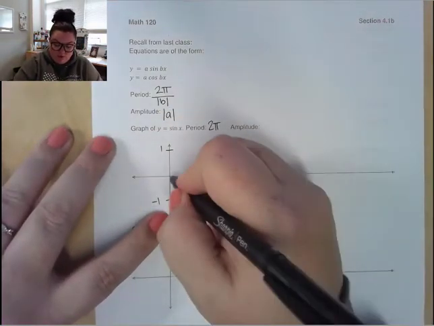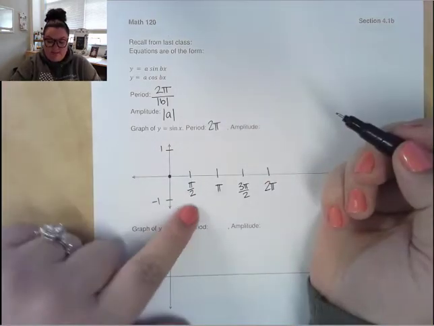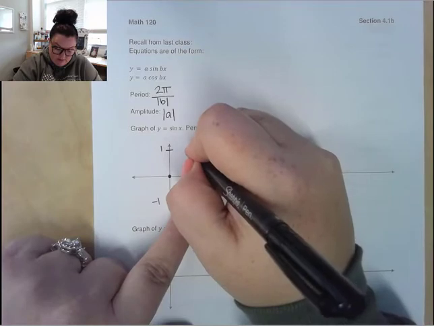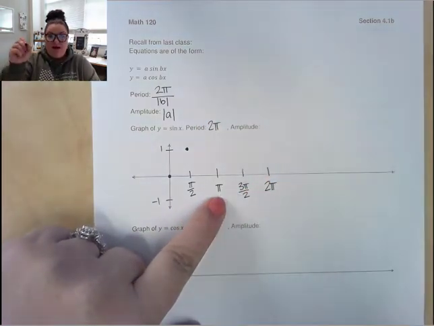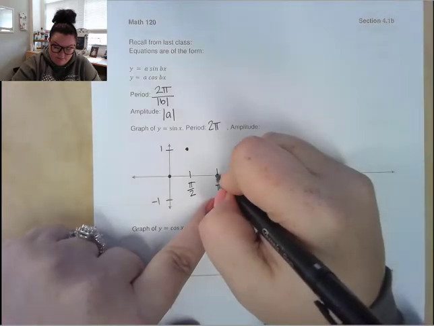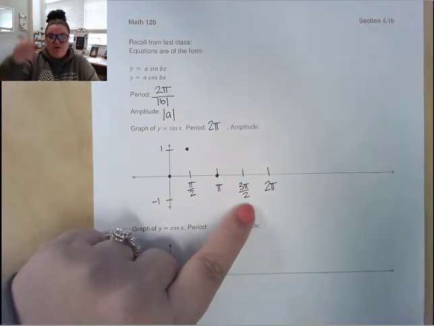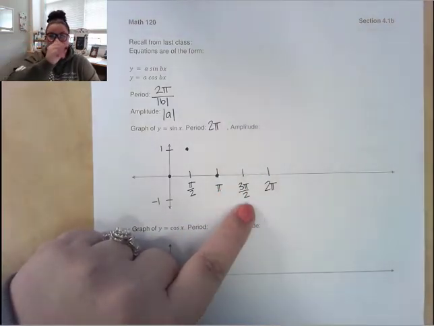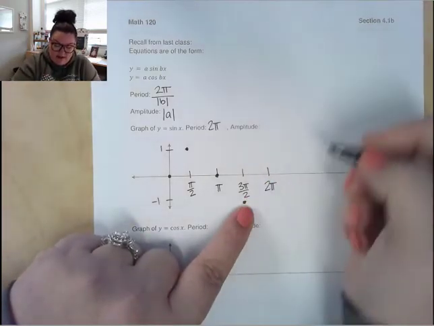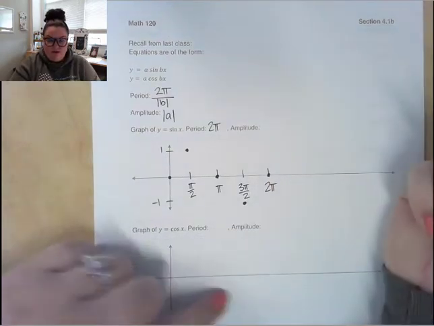At 0, we're at 0. At pi over 2, remember we're up at 90 degrees, up at 1. At pi, at 180, we're back over on the other side, down at 0. And then at 3 pi over 2, which is our 270, we're all the way down at -1. And then at 2 pi, we're back up at 0.